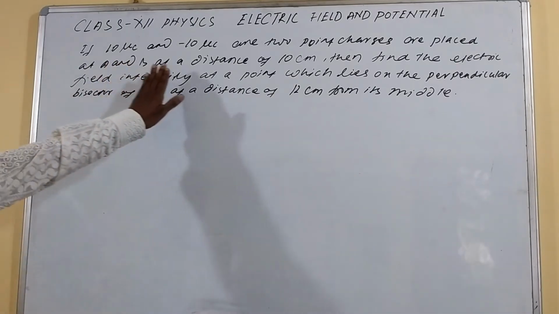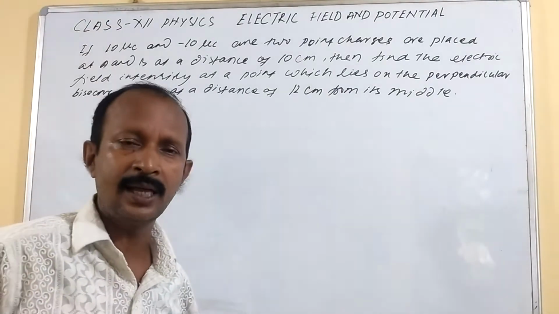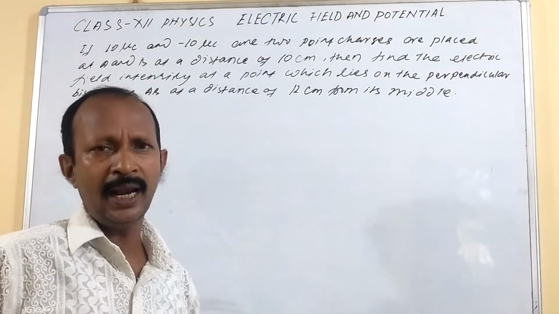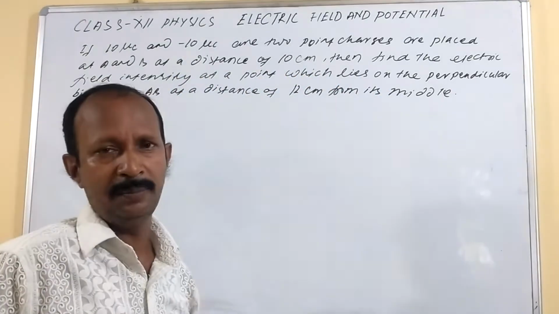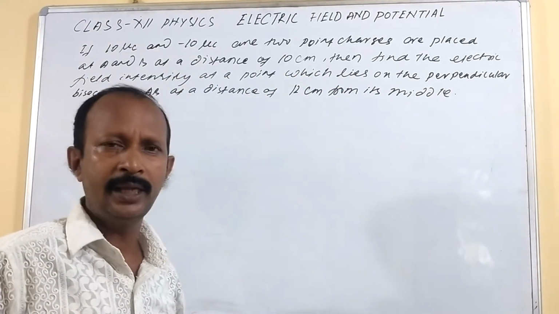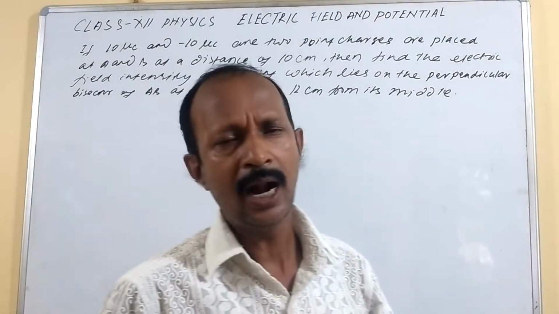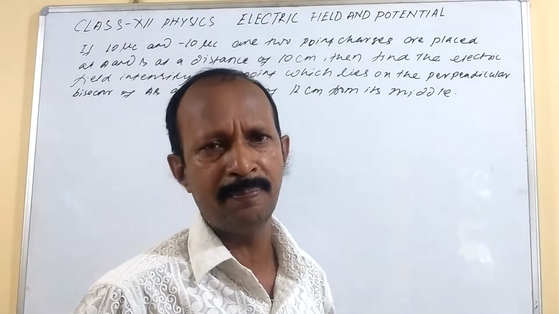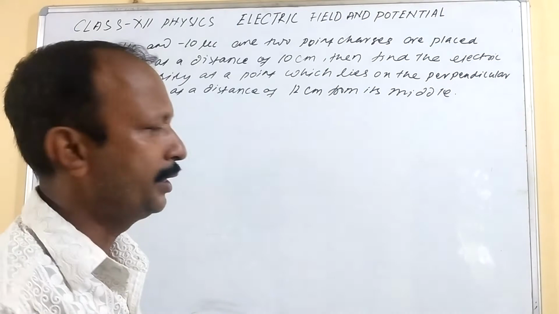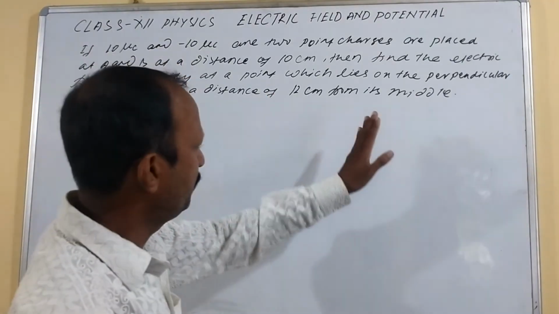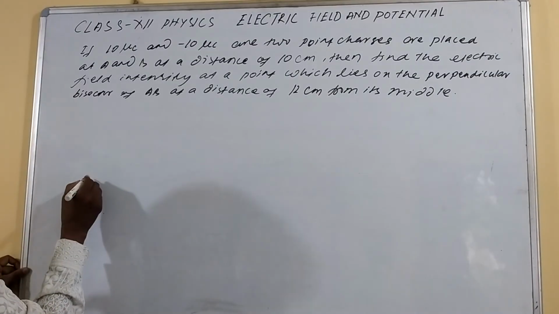If 10 microcoulomb and minus 10 microcoulomb, two point charges, are placed at A and B at a distance of 10 centimeter between A and B, then we have to calculate the electric field intensity at a point which lies on the perpendicular bisector of the line joining A and B at a distance of 12 centimeter from its middle. So first we draw the figure.